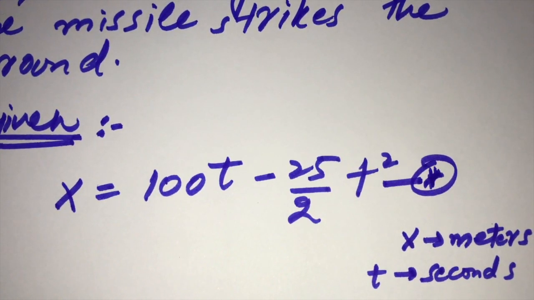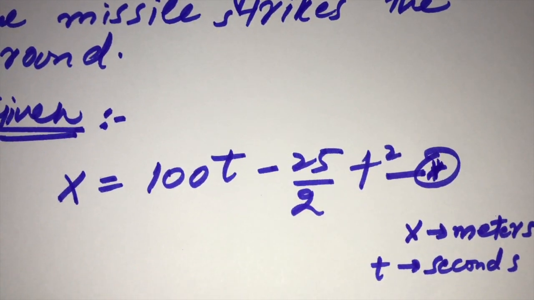Okay, in the first part, we have to find the initial velocity of the missile. As it says find the initial velocity, our strategy must be to take the derivative of this relation, as we know that dx by dt is the velocity.